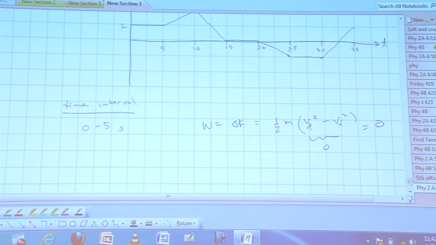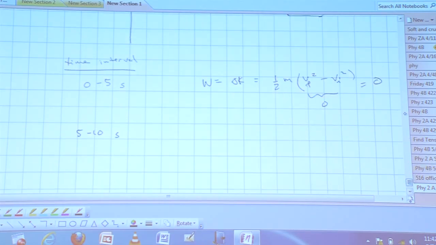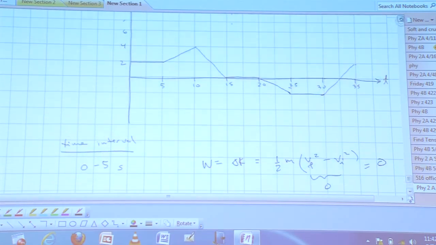Second time interval. These are meters per second. And this is seconds over here.